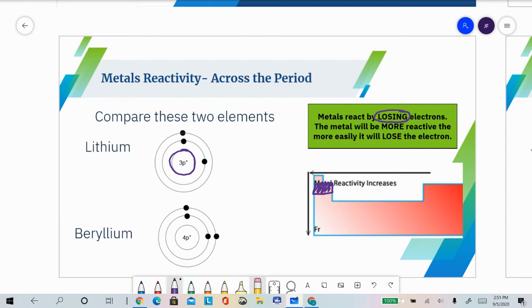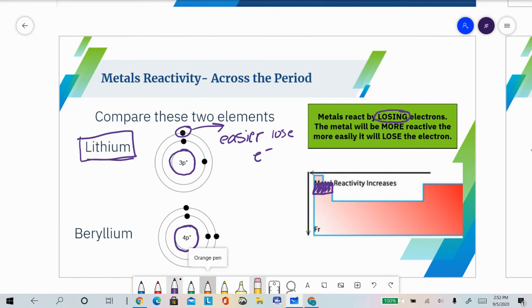It only has 3 protons versus beryllium having 4 protons, so the attraction isn't as strong in lithium. So it's going to more easily lose this electron. So lithium is more reactive. And so that's where we get this trend that going from right to left across the periods becomes more reactive for metals.